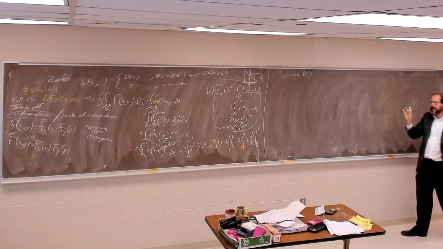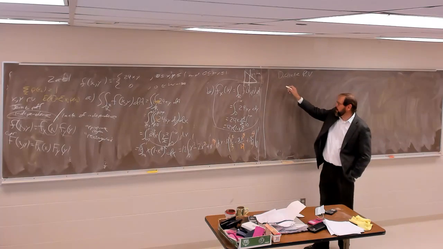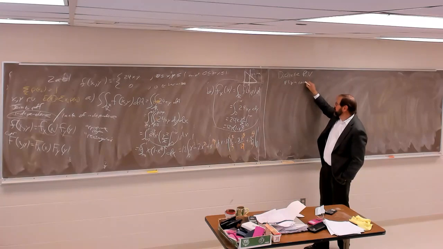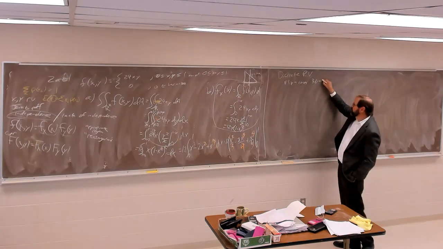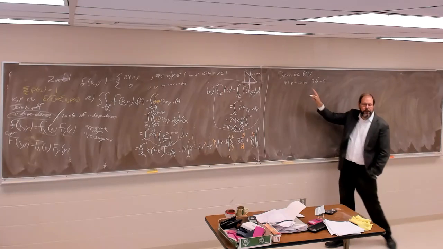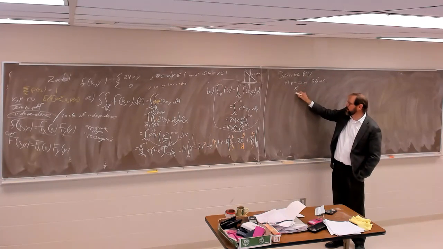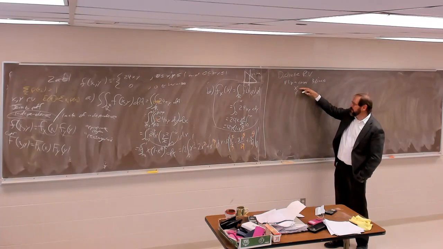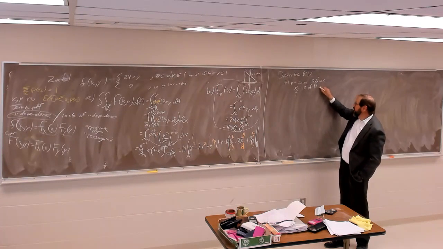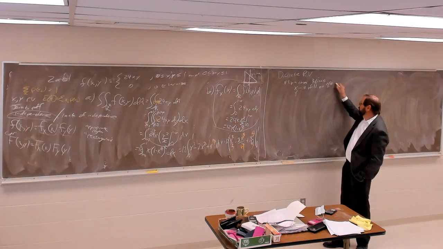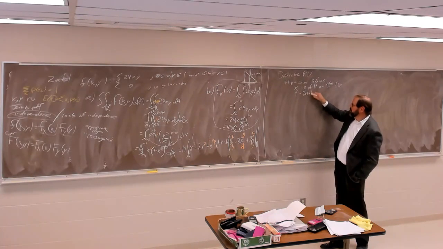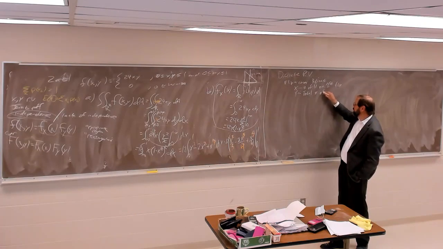We saw a case in which our experiment was to flip a coin 3 times, and then we decided to have these two random variables, x and y. x was the number of heads on the first flip, and y was the total number of heads.